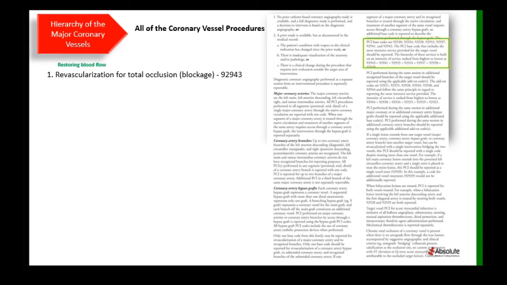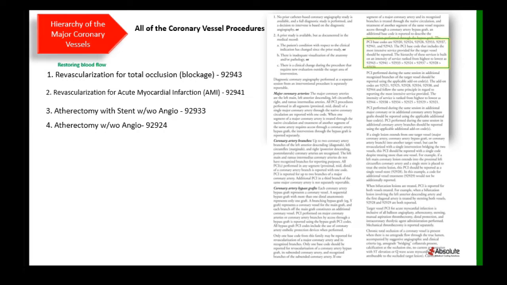The number two procedure is revascularization for myocardial infarction. That's acute myocardial infarction. The code is 92941. The third procedure is atherectomy with stent placement, with or without angioplasty, and that code is 92933.